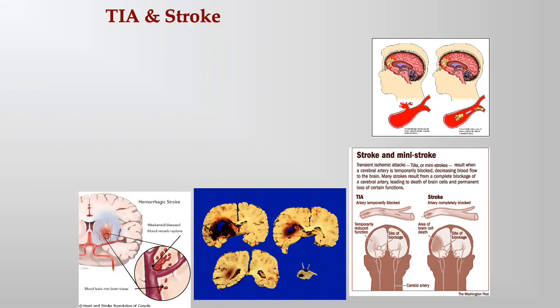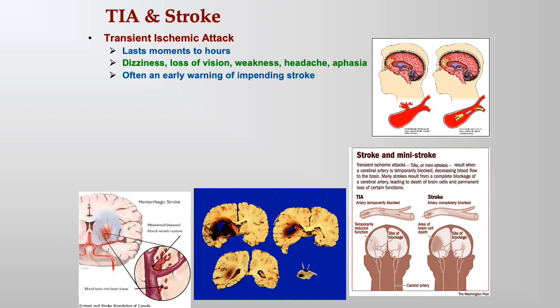So TIA and stroke, going along with these general concepts here. TIA means a transient ischemic attack. So this is where in the brain, perhaps due to atherosclerosis, you can see in the illustration there, you get kind of a narrowing of a cerebral artery. That means not enough blood flows to part of the brain.